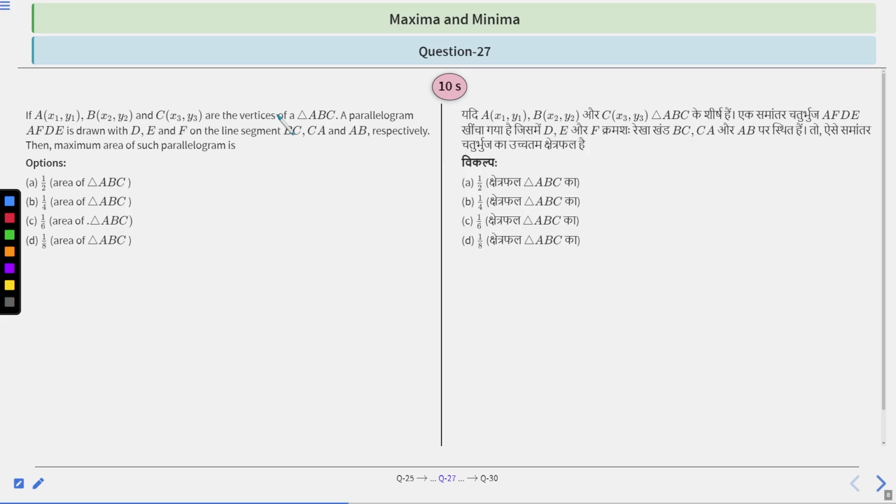And in this way, we will find the maximum area. Clear? And after that, we can calculate d square delta upon dx square or dy square, which should be less than 0 for maximum area, right? So this is the basic method to do this question. You can think like that, okay? So you have 10 seconds to solve this question. After 10 seconds, we will discuss the solution.